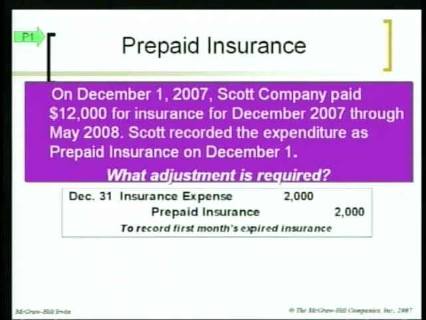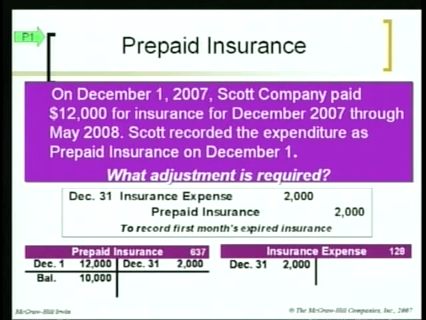So that's why this AJE is dated December 31 as opposed to January 31. Okay? Questions on that one? Okay, another example. And you can see the T accounts. And the prepaid insurance at the end of December is properly at a balance of $10,000.